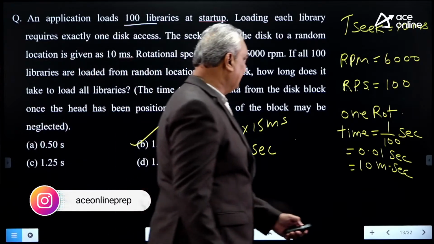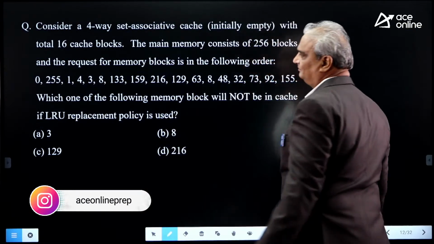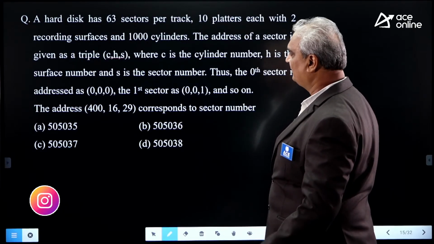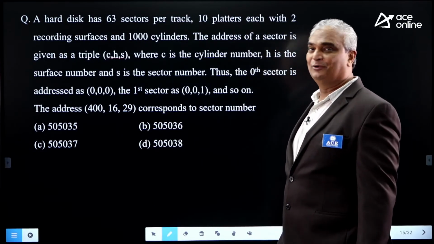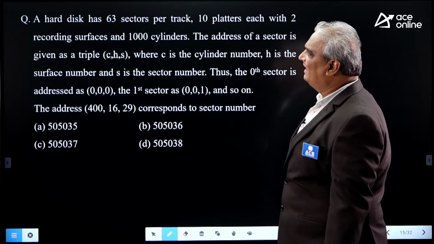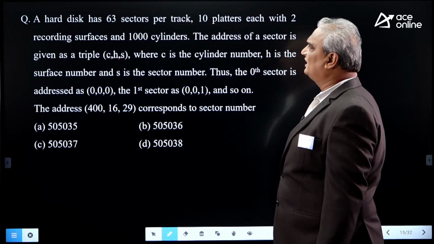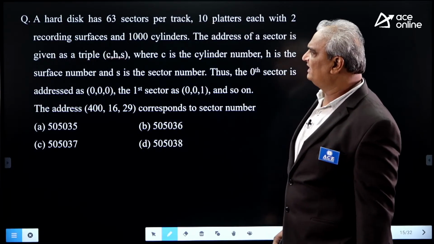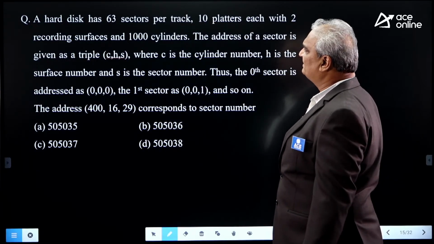Okay, next. Now, it is a very, very important concept. Look here. Here, the hard disk has 63 sectors per track, 10 platters, each with 2 recording surfaces and 1000 cylinders.